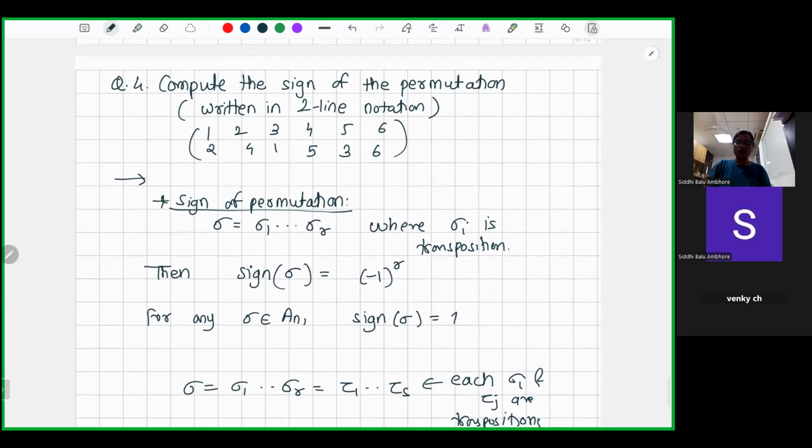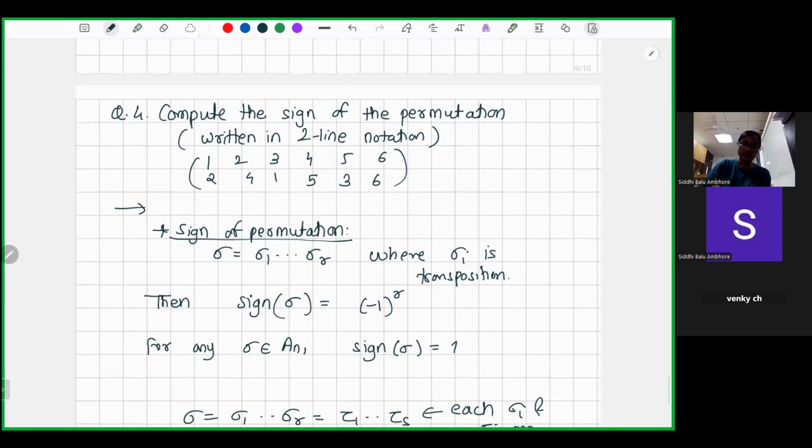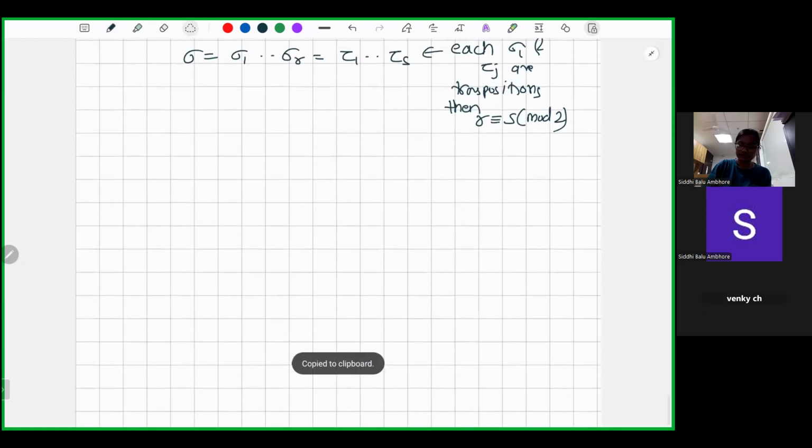So in order to find the sign of this permutation, we need to first write it as a product of cycles, and then count how many transpositions we need. Here 6 is fixed.